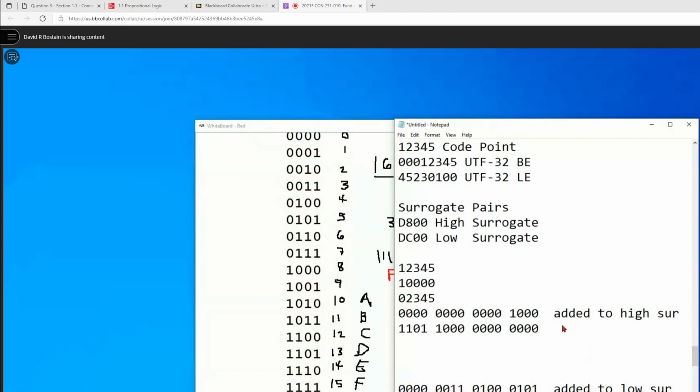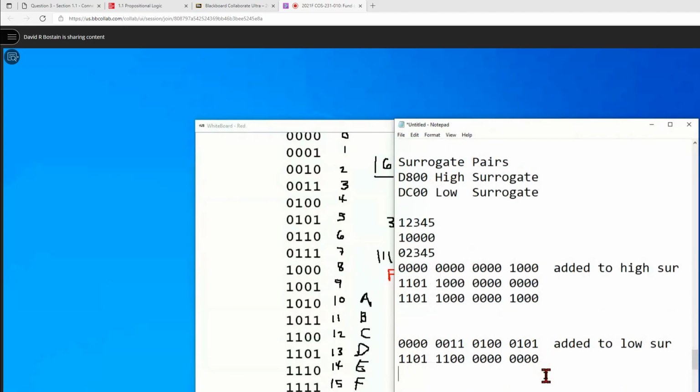So just kind of looking at it intuitively, we haven't done arithmetic yet, but you can see that anything that's 2 zeros will stay a 0. Anything where you have a 1 and a 0, a 1 will come out. We don't have any place where 2 1s line up, so there are no carries. So this is going to be 1101, 1000, 0000, 1000. This one, 1101, 1111, 0100, 0101.